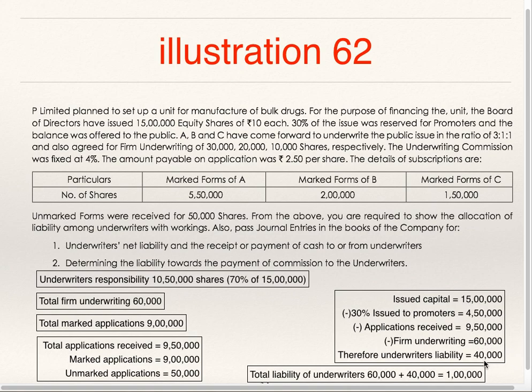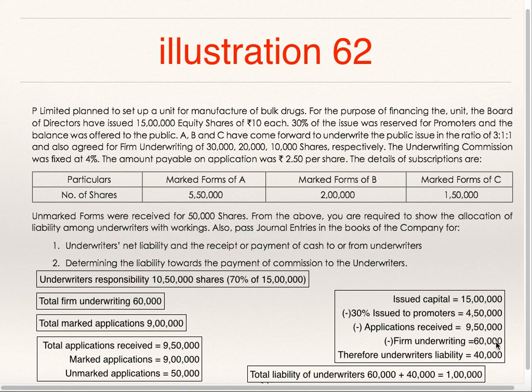Therefore, underwriters' liability is 40,000. Total underwriters' liability is 60,000 plus 40,000: 60,000 is firm underwriting and 40,000 is the shares not subscribed for by the public. So total underwriters' liability is 1 lakh.